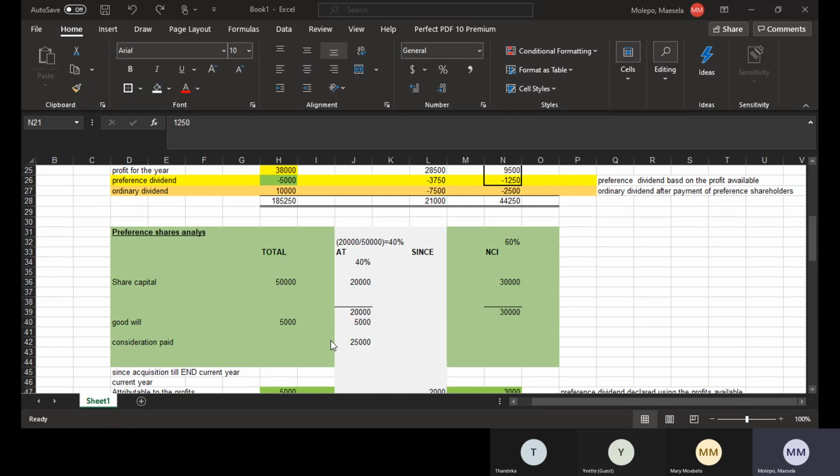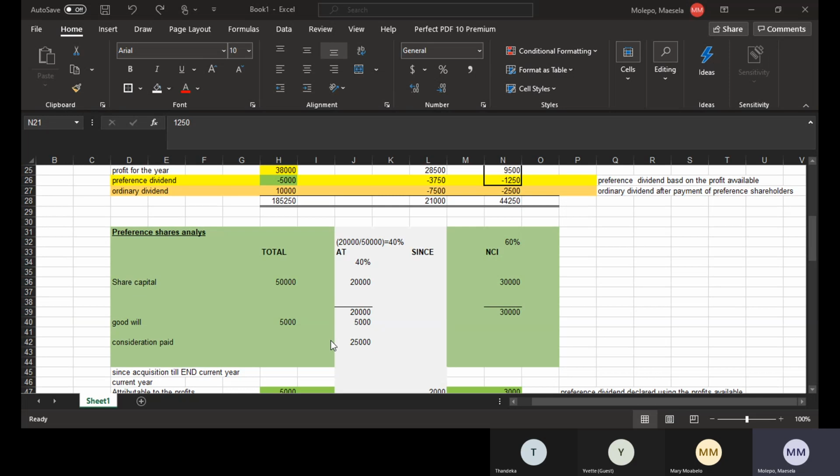Then from there, we're going to do the last part, which will be the consolidated statement of financial position. That one is straightforward because the equity side is based on the statement of changes in equity. Then the asset section is just the integration of the two.